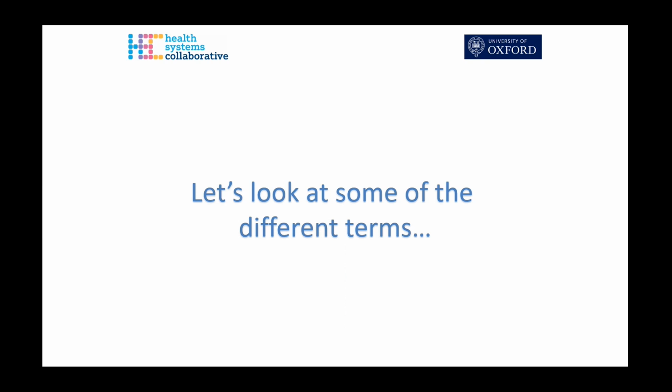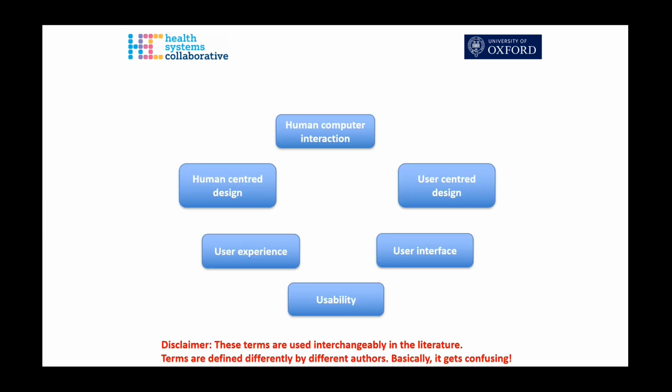So what we'll do next is just look at some of the different terms that are used when we talk about human-centered design and user experience. So these are some of the terms that we'll go over today: human-centered design, user experience, usability, user interface, user-centered design, and human-computer interaction.